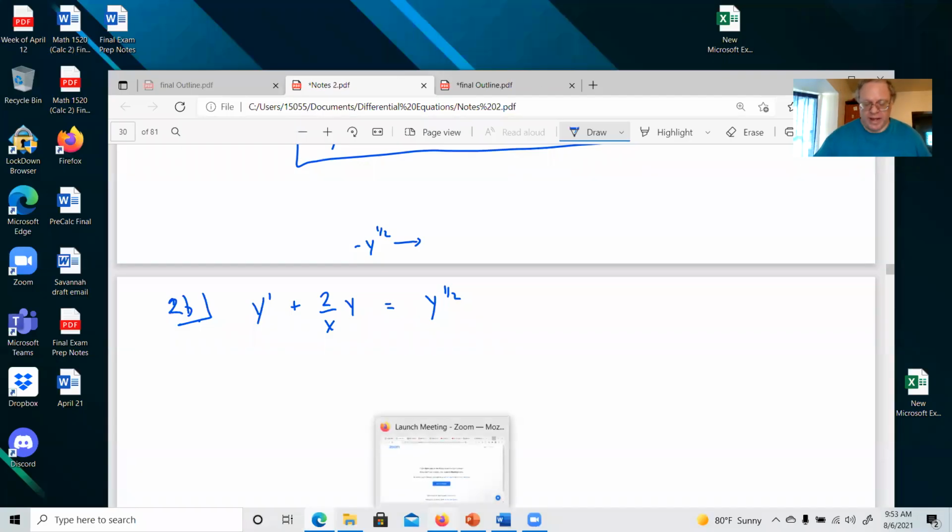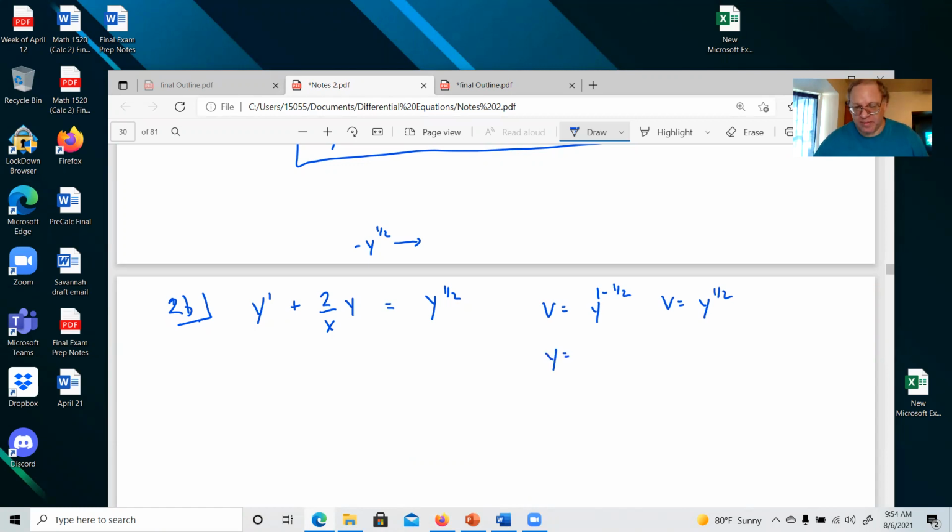This is nice because it's pretty much started off in Bernoulli. Again, we have a y to some power that isn't 1 here, so it is Bernoulli. So we're going to have v equal to y to the 1 minus 1/2, and we get v is equal to y to the 1/2. So again, y is equal to v squared.